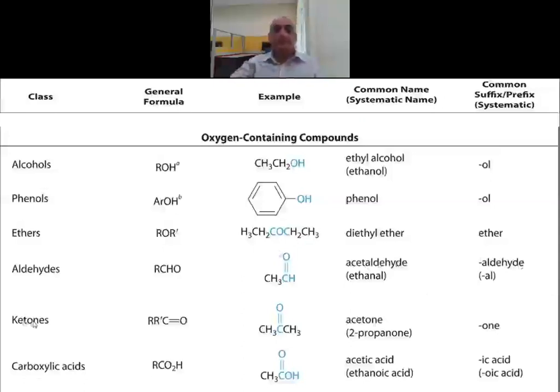The next one is ketones. In the ketone, very simple rule. First, we have to identify this one is our functional group. So from the functional group, we identify the given compound is ketone. Now we want to give the name of the compound. Here we see there are three carbon atoms.